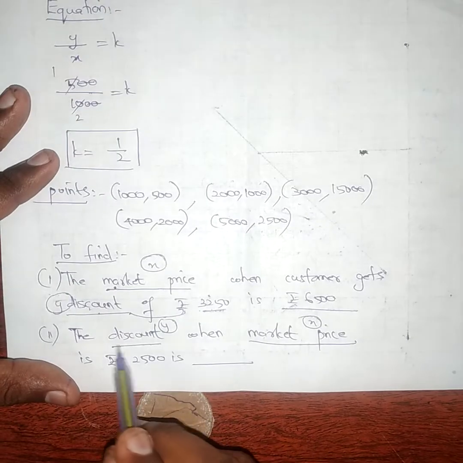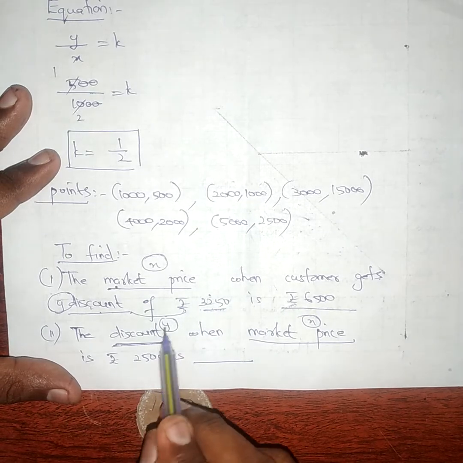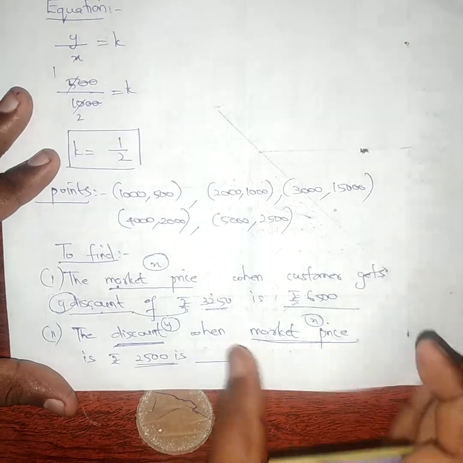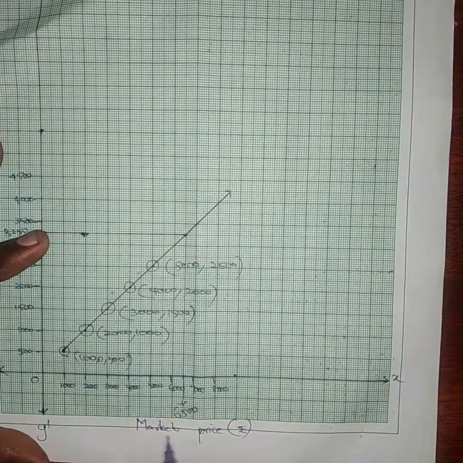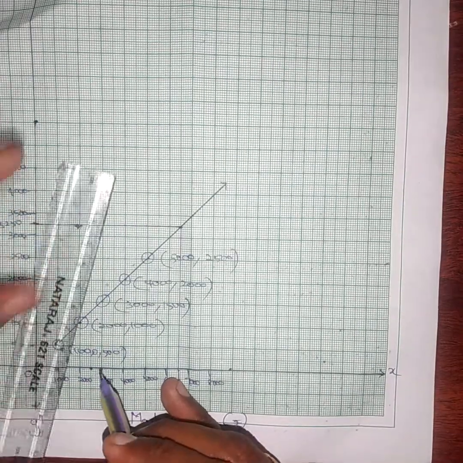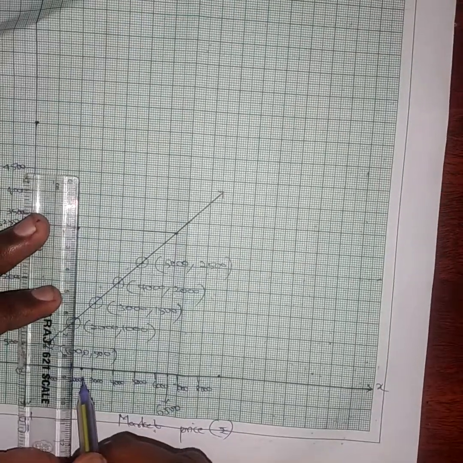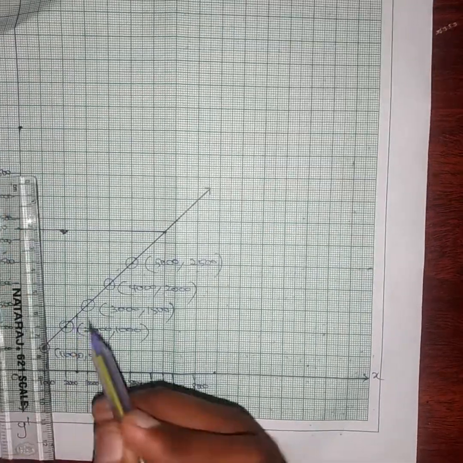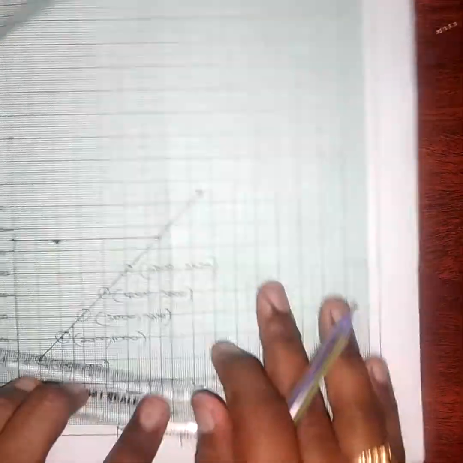Then next I need to find the discount y when the market price x is given. What is x? 2500. Where is 2500 on the market price axis? I start a line here at 2500 and stop where it meets the graph.